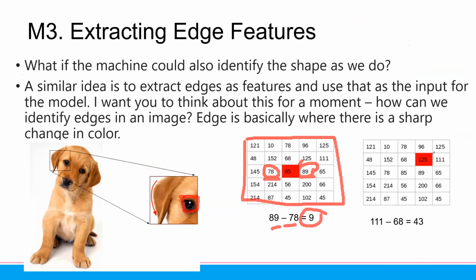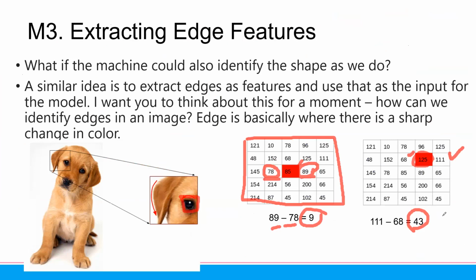For example, I have another value, 125. With this number, I would like to check the right and the left: 111 minus 68. Okay, so we have 43. The number is bigger than 9.